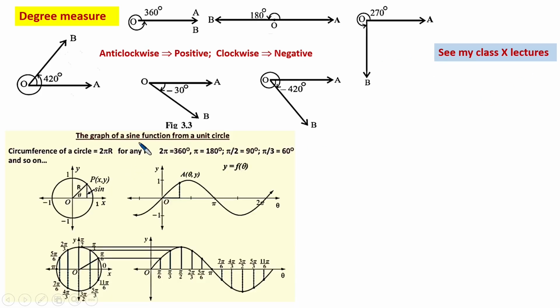Now let us discuss what is sine function. This also we have discussed in class 9th and 10th more elaborately. So what is sine function? Suppose you have a circle and there is a point P, and this point P goes along this circumference. So it will have a projection on the x-axis and a projection on the y-axis. The length of this projection on the y-axis is called the sine function.